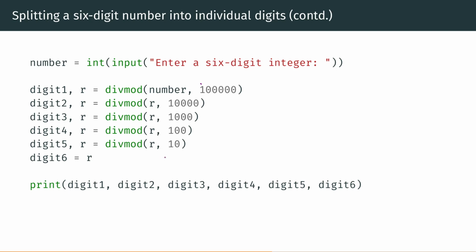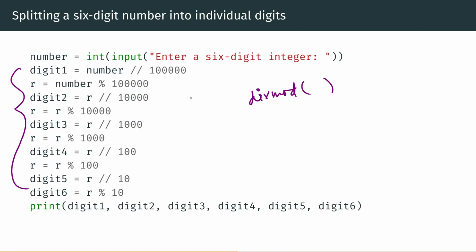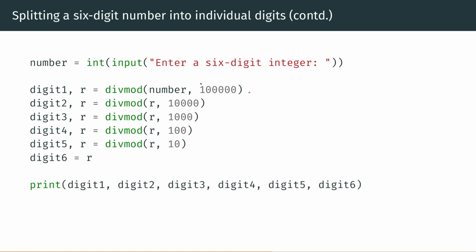How? Again, I'm not going to explain this, because if you understand the divmod one, this would be simple for you as well. But I'm going to do this. Divmod will give you the quotient and the remainder. So let's take a 6-digit number, 1, 2, 3, 4, 5, 6. That's my 6-digit number. You know what?